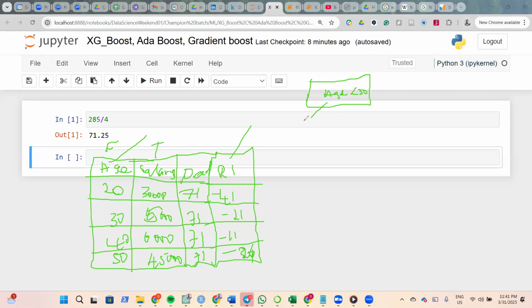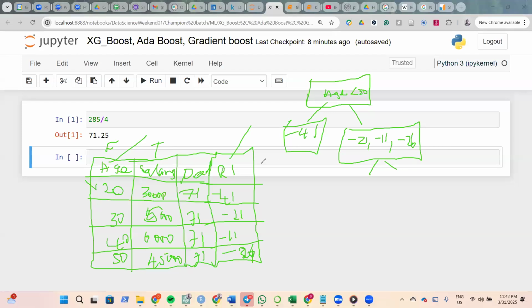Here we are going to have minus 41 as a prediction for 20. And then we are going to have three values, minus 21, minus 11, and minus 26, because they are not less than 30. And so this already becomes a pure node, and then this one can be further broken down if you have another feature, so you can do another split here again.